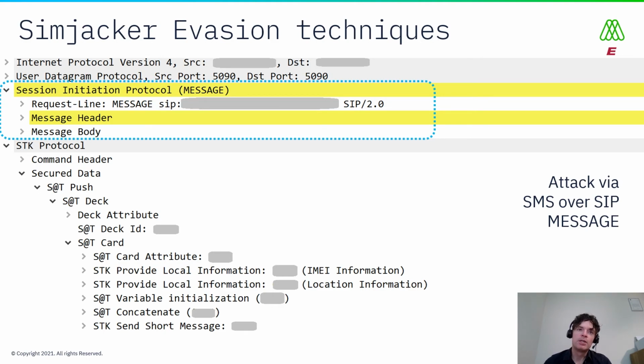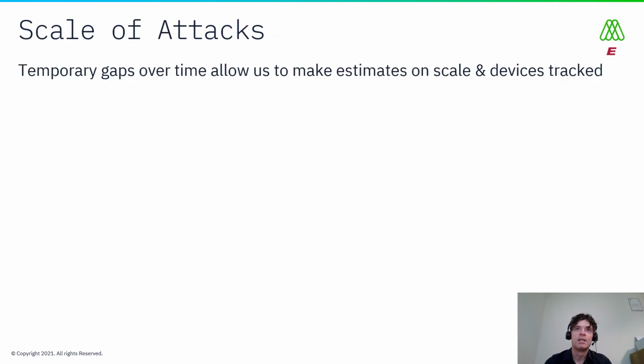In those small periods of time we can observe the attacks happening in their native environment, as opposed to a period where the attackers are testing against us, where the attacks aren't in a normal environment. This allows us to make judgments on the scale of the attacks, and that's what this has done.